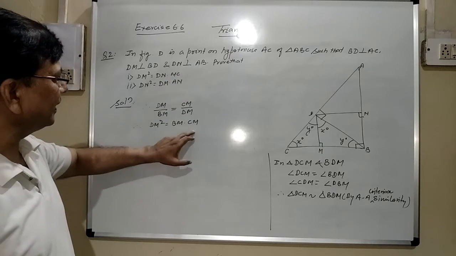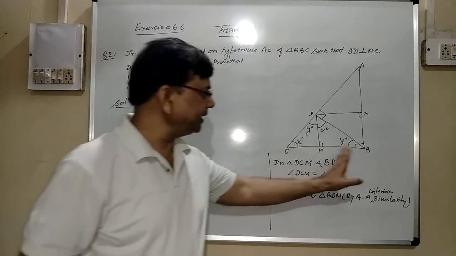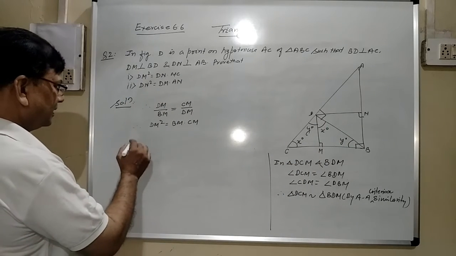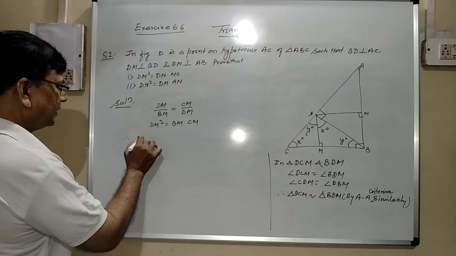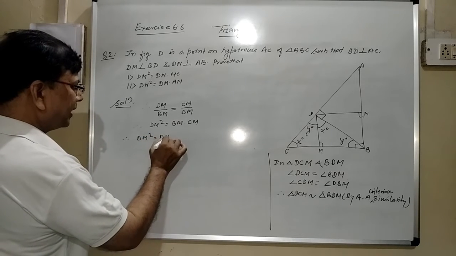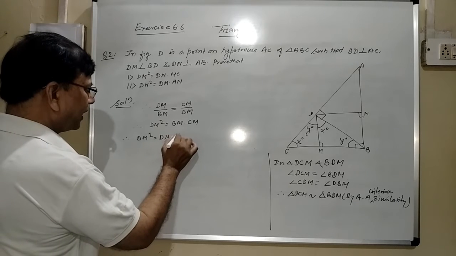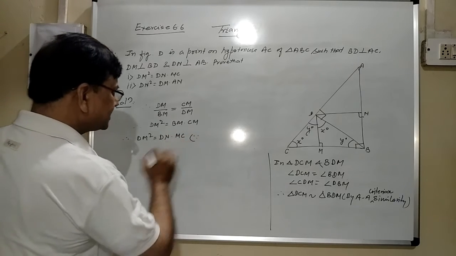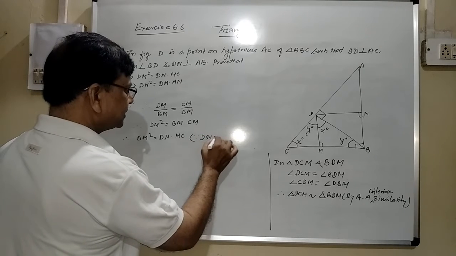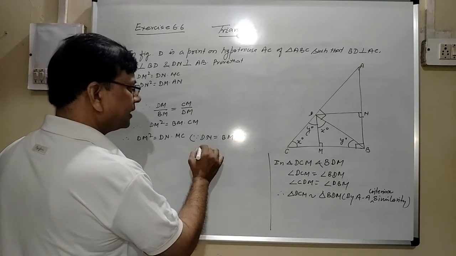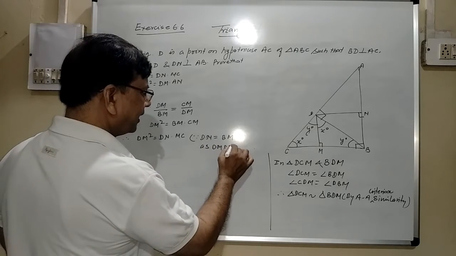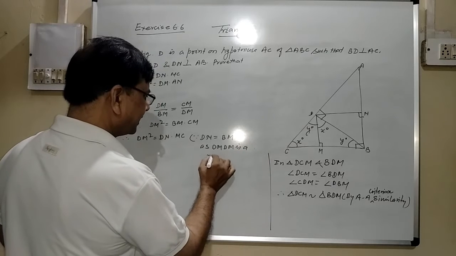So CM is there, BM. So here BM is equal to DN, right? Therefore DM square is equal to DN into MC, since DN is equal to BM, as DNBM is a rectangle.